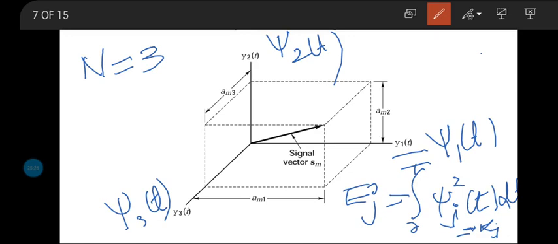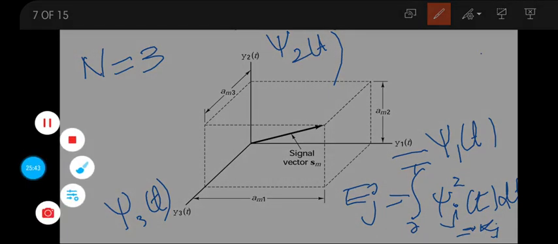One reason that we are trying to focus on an orthogonal signal space is that the Euclidean distance measurement, which is very fundamental in our detection process, is easily formulated in orthogonal spaces.